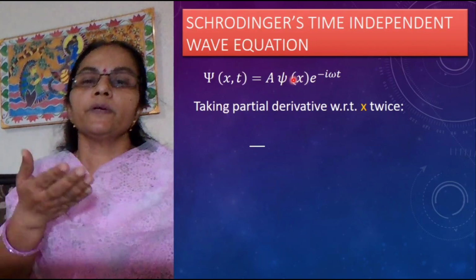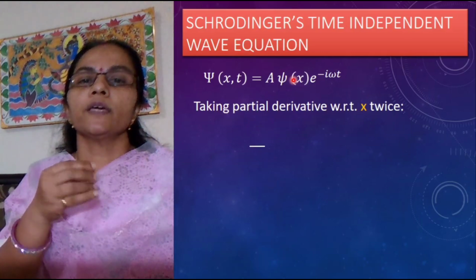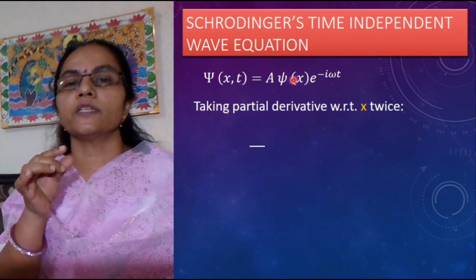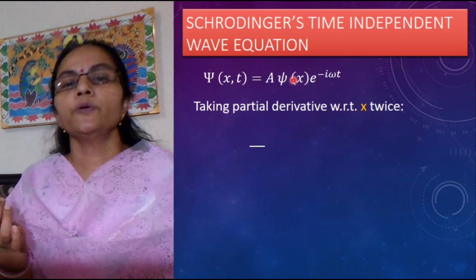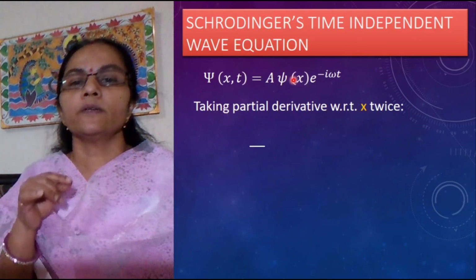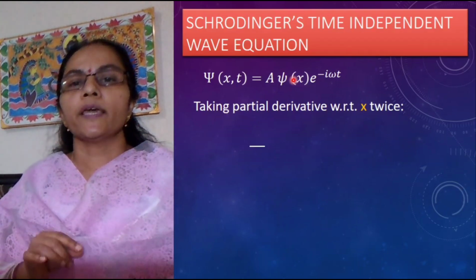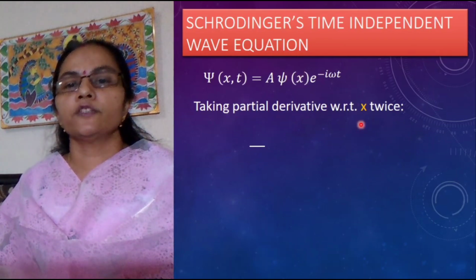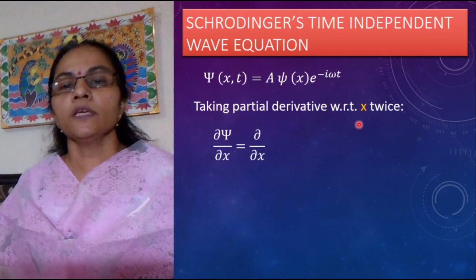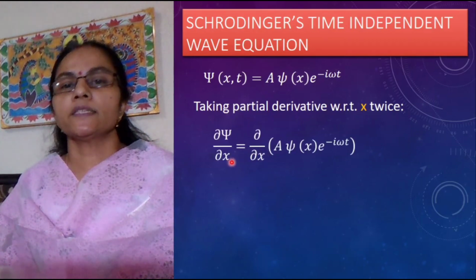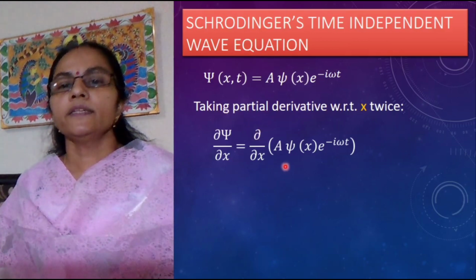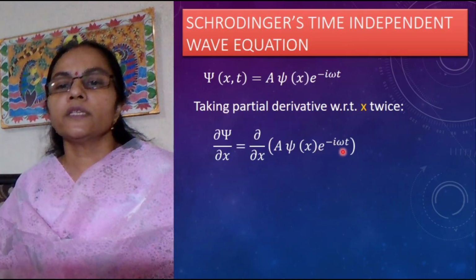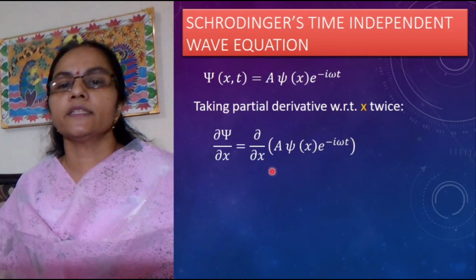Now if you remember the wave equation, there we had to take the differentiations of this wave function with respect to x and with respect to t. First we will do the differentiation with respect to x. That also we have to do twice because that was a second order differential equation. So here del psi by del x, this is a partial derivative, so the variable is t, and I can take this term out.